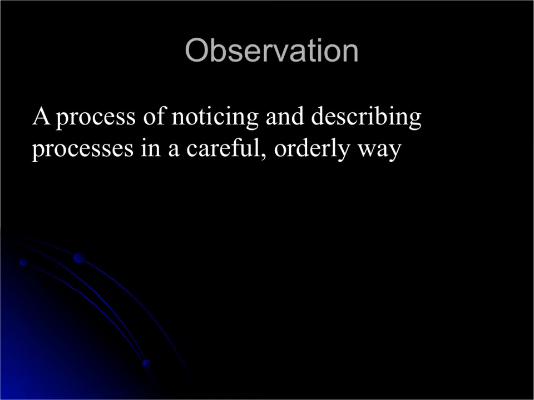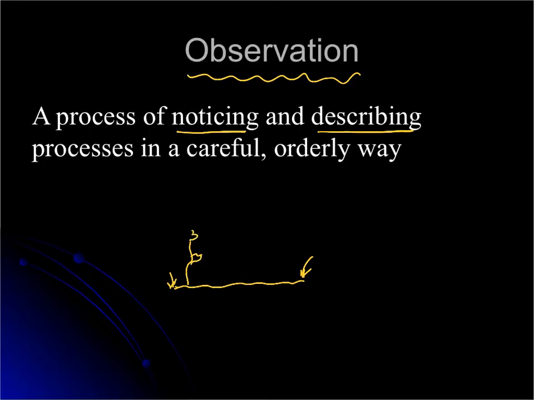When a scientist is doing an experiment, one of the things that they do is take observations. That's a process of noticing and describing things that they see in a careful and orderly way, which means that, for example, if they want to know how quickly a plant grows, rather than just guessing, they would measure how tall the plant grows every single day, and then they might discover that it grows the same amount every single day, or that at the end of their experiment it won't get any taller.